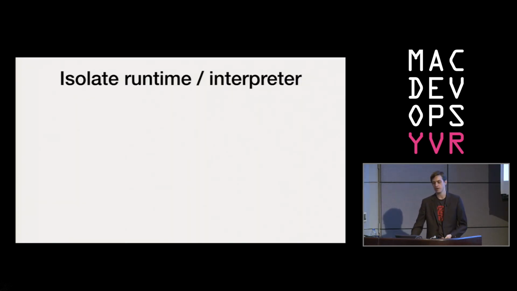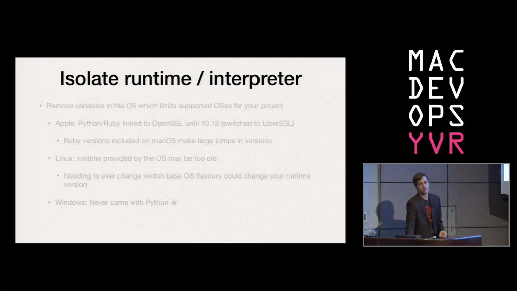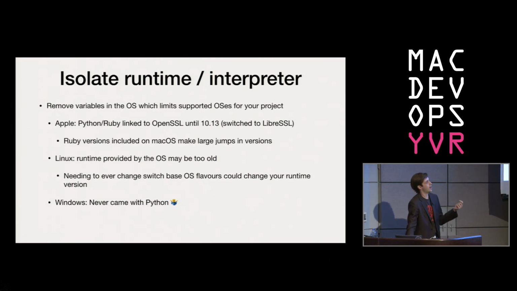So the reason to have that runtime isolated is that even if, like I was saying, you only intend to use Python 2.7, having an isolated, separate runtime that's pulled from somewhere else will avoid the issues with the crypto libraries on Mac OS. If you're using Linux, you'd avoid any changes that might happen if you decide to change the underlying OS, like upgrading to a different Ubuntu image, or switching to Alpine Linux, where the packages won't necessarily be the same.